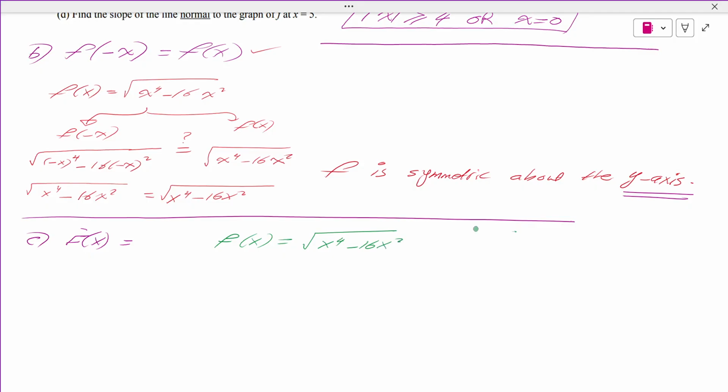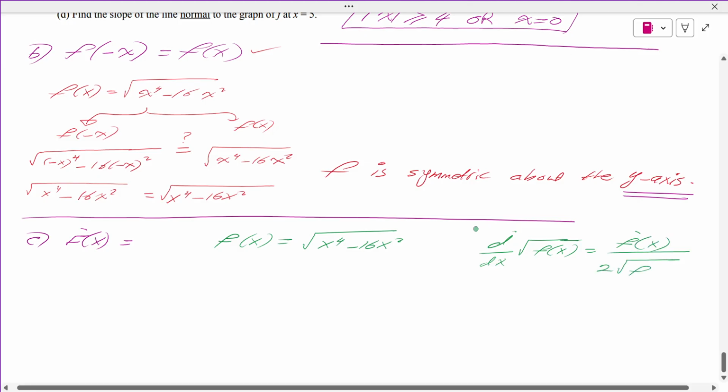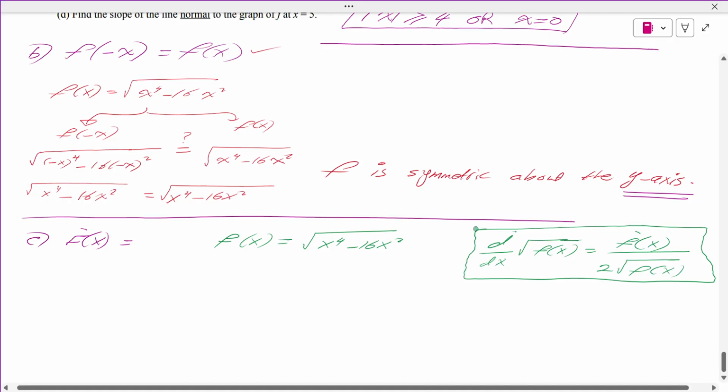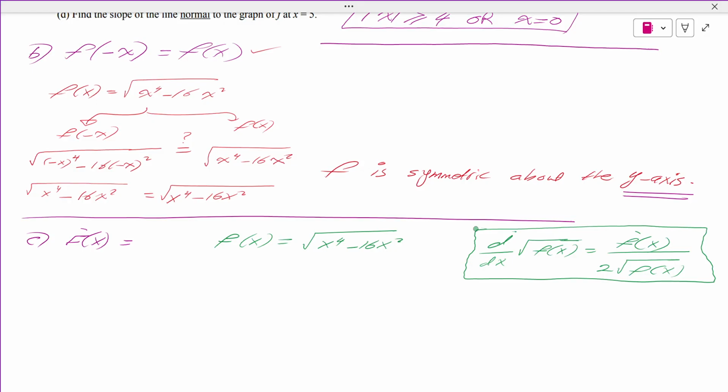We have seen a shortcut that says if you are differentiating the square root of f of x, this is equal to f prime of x over 2 times root of f of x. Yani if you are differentiating a square root, the answer will be the derivative of what you have inside the square root over 2 times the square root itself.